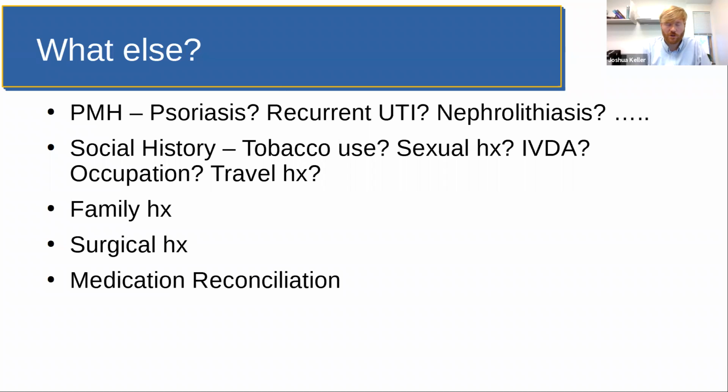In terms of rheumatoid arthritis, which is one of the more common inflammatory arthritises, tobacco is basically the biggest reversible risk factor. So that might help you put this patient into a higher or lower risk category in your head. And then IV drug abuse, sexual history in terms of risk for hepatitis, HIV, gonorrhea, chlamydia.